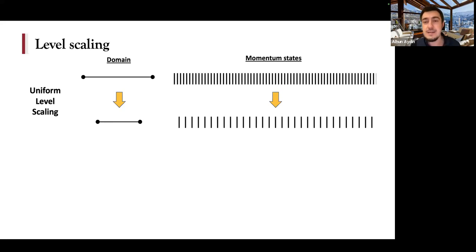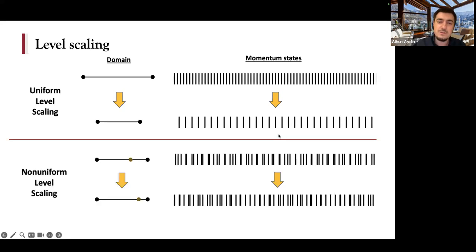For example, if you applied some electric field, the energy levels will just shift, and all of them will shift almost the same amount. And if you change the geometry of your system, if you change most of the things, in most cases the level scaling will be uniform. But look what happens when we do this size-invariant shape transformation. So this was the boundary of our domain, and I'm changing its location inside the domain. Looking at the spectrum of this system, you see how almost chaotically it changes.